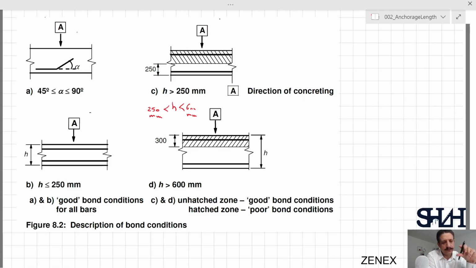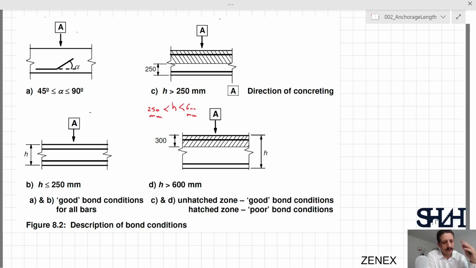The first 250 millimeter is good condition. As a result, for the bottom reinforcement, we can assume it's in a good condition. And for the reinforcement above this level, up to a maximum of 350 millimeter, the reinforcement located in that direction is always poor condition.